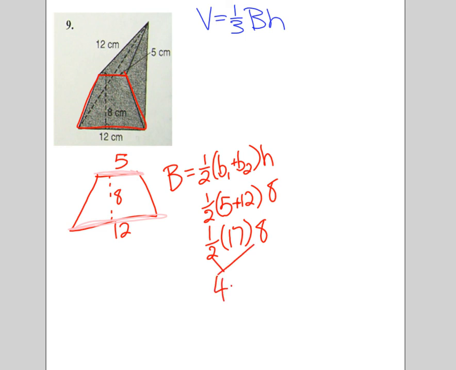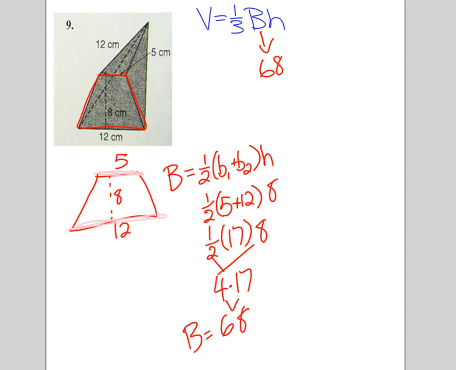So let's say 4 times 17, and that would be 68. You would get the same thing if you took half of 17, which is 8.5 times 8, but this way you avoid having to mess with any decimals. So that's not the answer, that's just the area of the base.